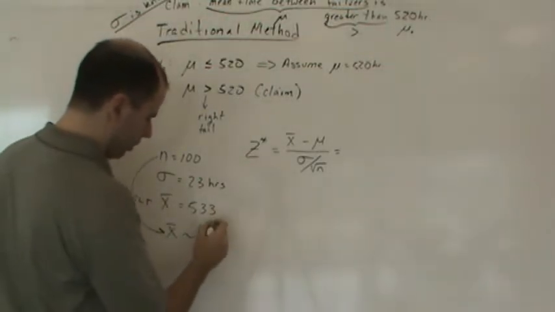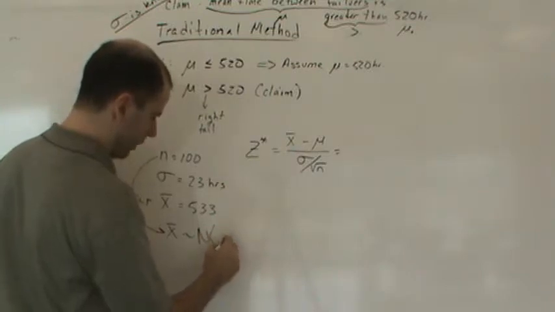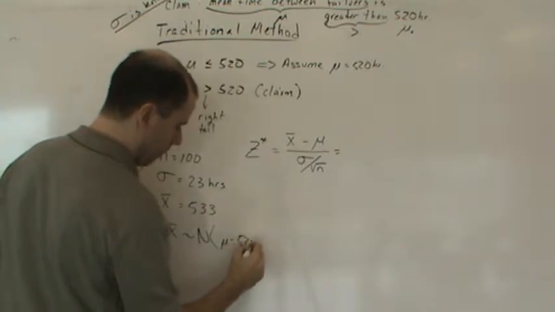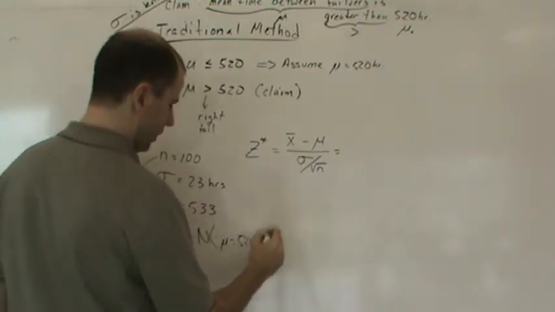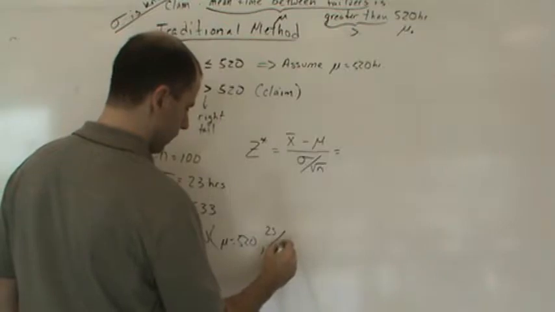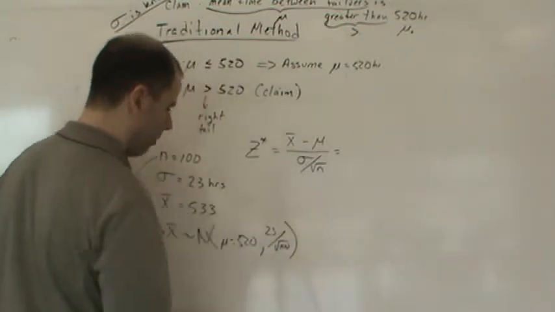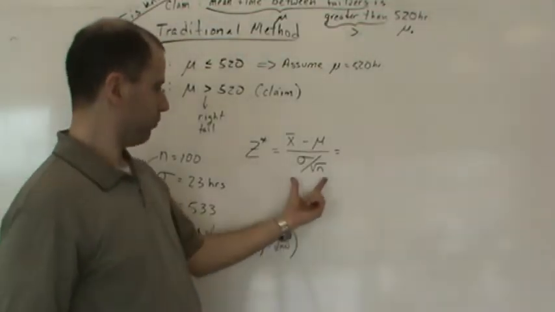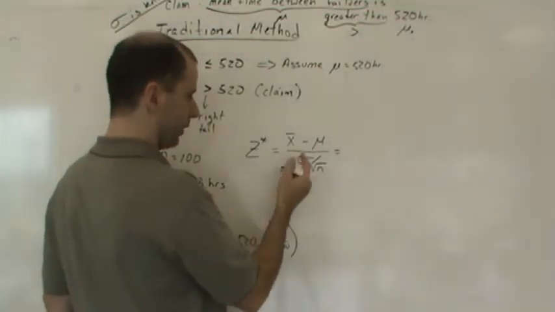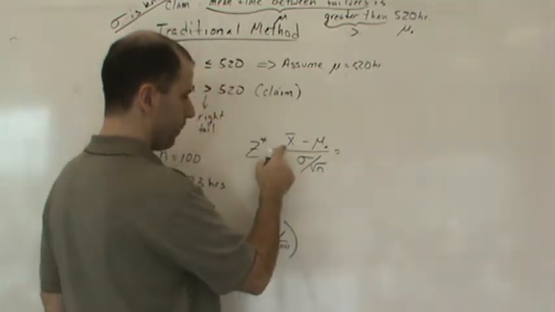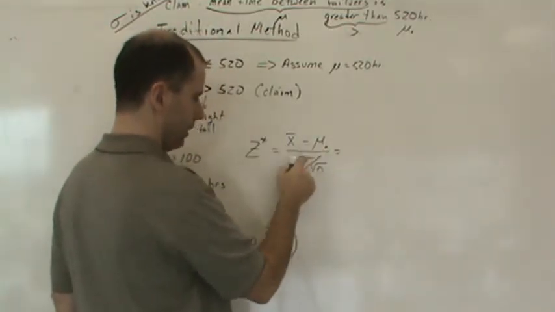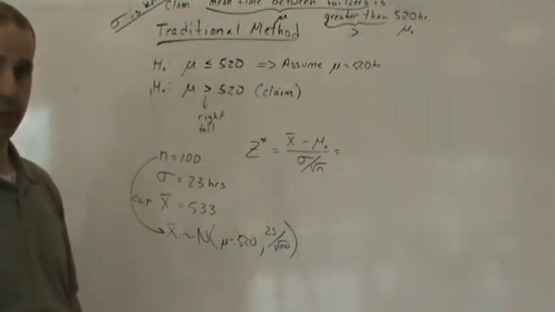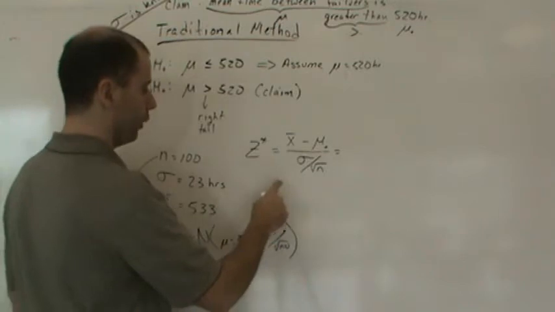Now, it's normal with what mean and what standard deviation? Well, it's the mean under the null, so it's going to be 520. And the standard deviation is going to be 23 divided by the square root of 100. This is what we're going to use, because our calculation is x bar minus mu naught divided by sigma divided by the square root of n.